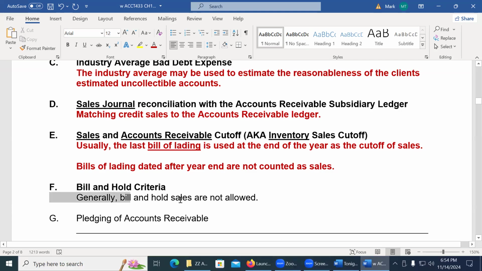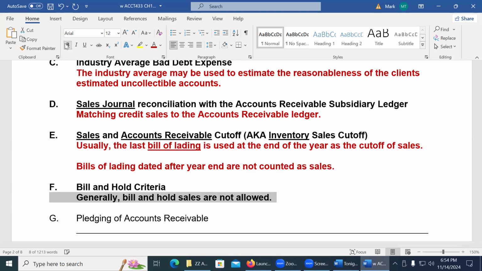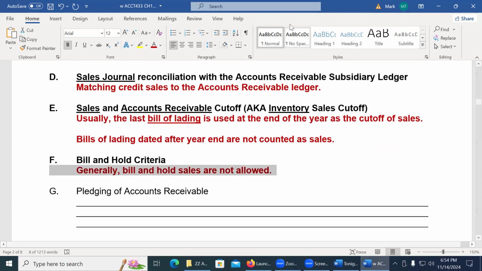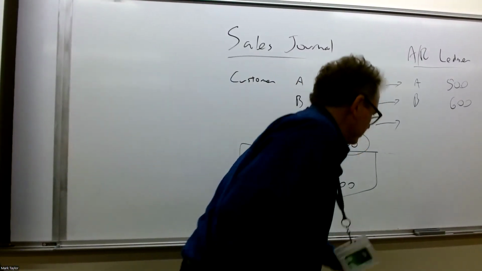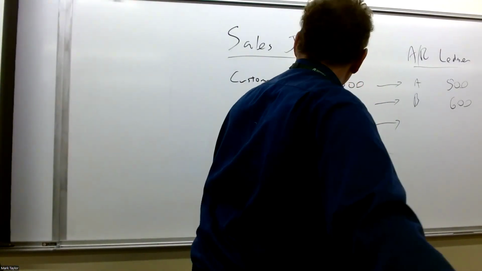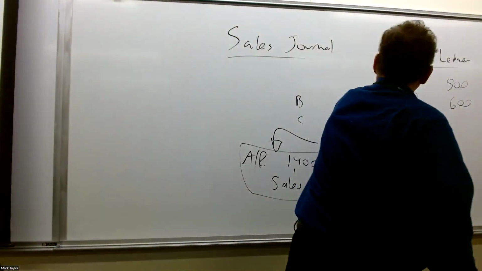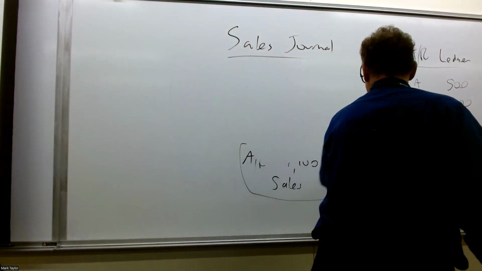So bill and hold. Generally speaking, these are not allowed. And you say, well, what are these? Bill and hold is where someone says they want something, but they don't want you to deliver it.